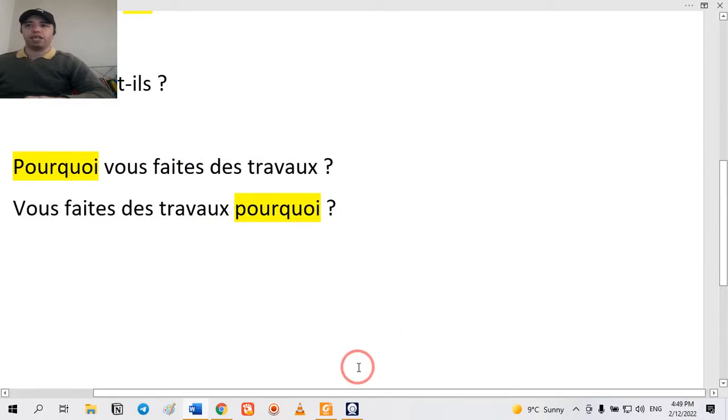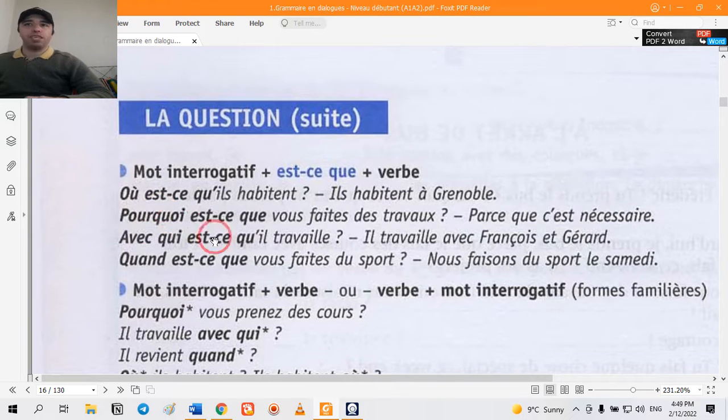This is with intonation. If you want to ask this question with est-ce que, pourquoi goes at the beginning of the sentence, then est-ce que, and the rest: pourquoi est-ce que vous faites des travaux?